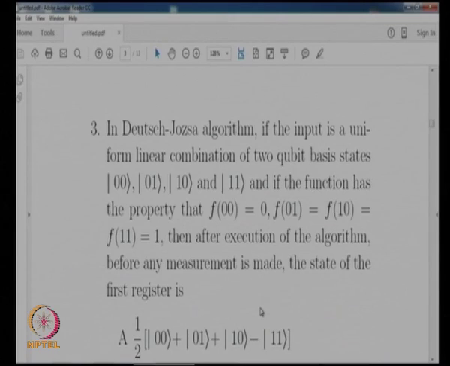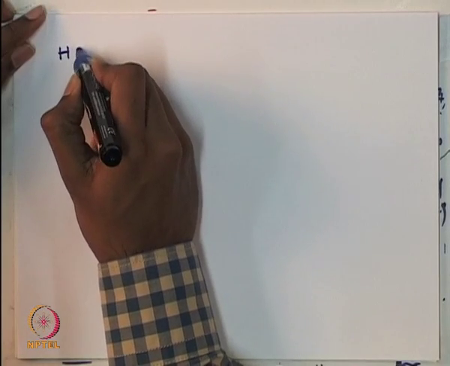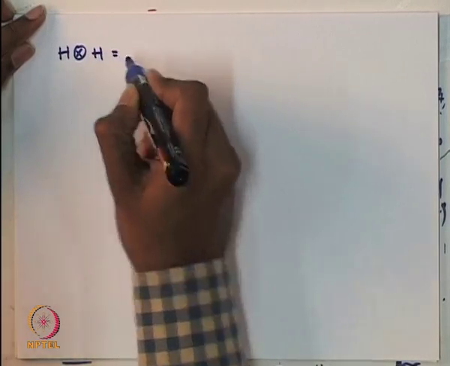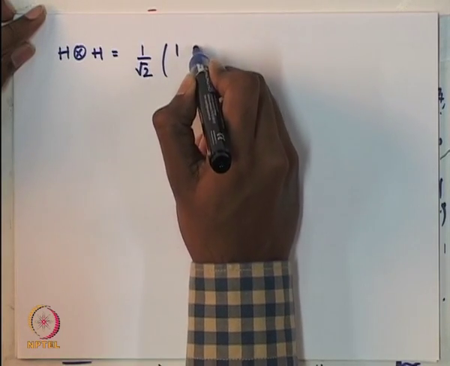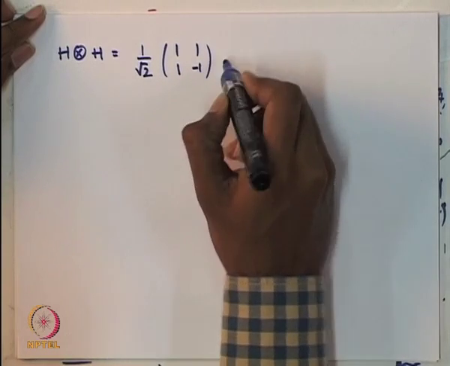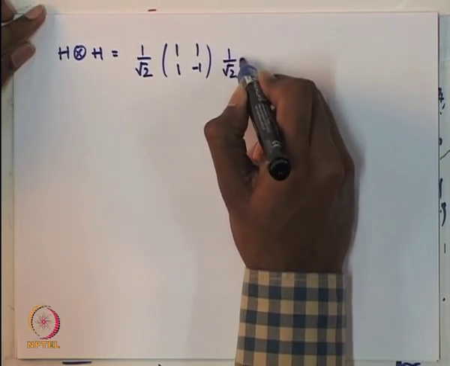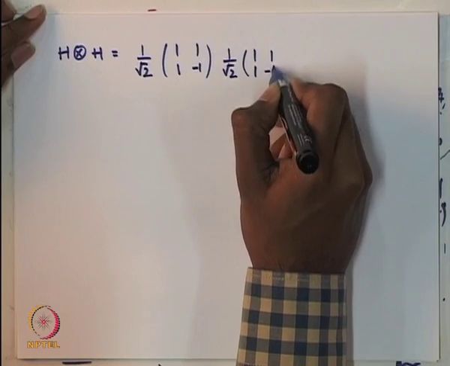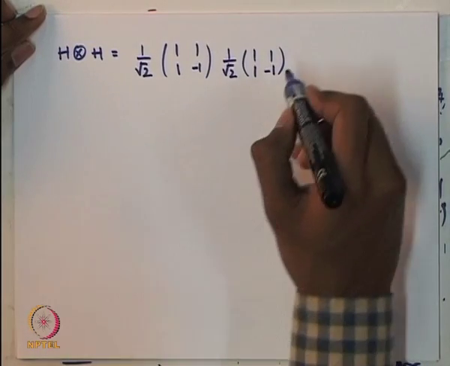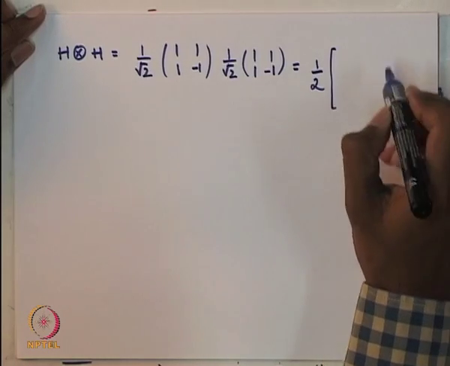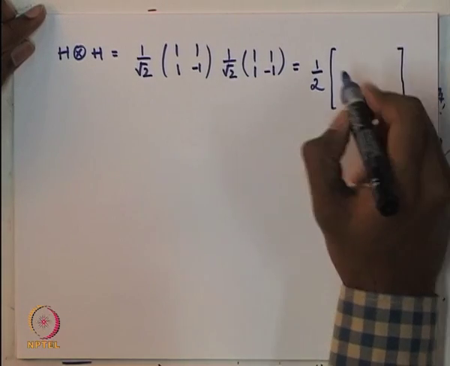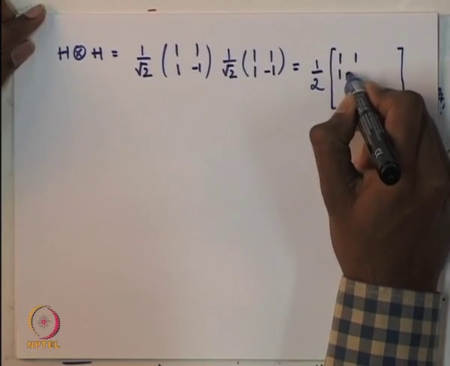So the Hadamard gate in this case would be equal to 1 by 2 times 1 1 1 minus 1.